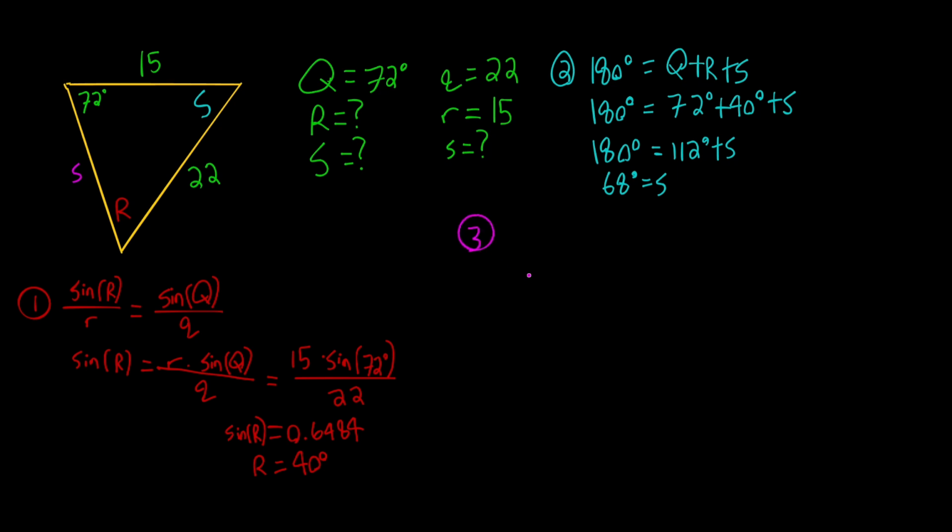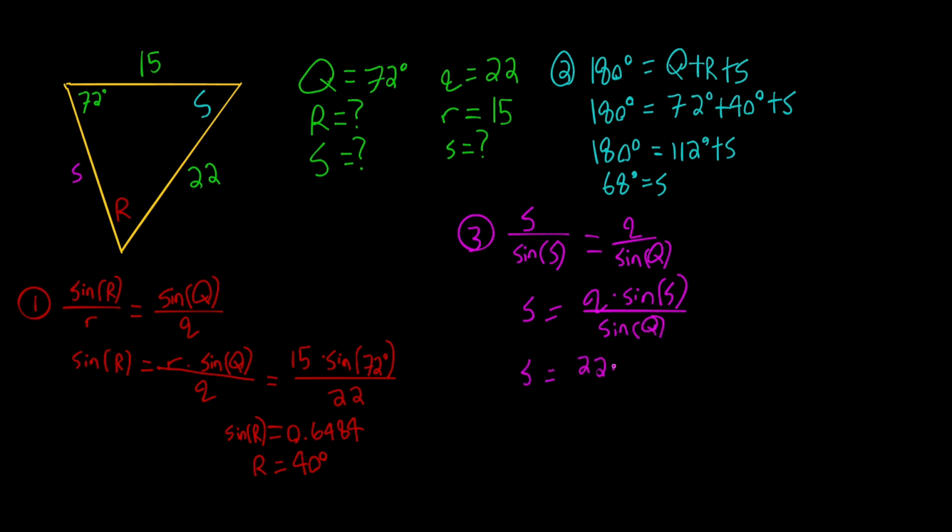So same application of sine law. So we get that s divided by the sine of big S is going to be equal to q divided by the sine of Q. So this is going to give me s is equal to Q times the sine of S divided by the sine of Q, which is going to give me 22 times the sine of 68 degrees divided by the sine of 72 degrees.